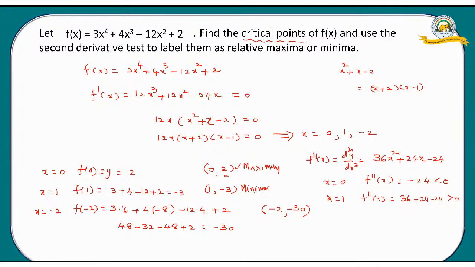So the function attains minimum at x equal to 1, and the minimum value of the function is minus 3 in this case. We'll verify at x equal to minus 2 also.